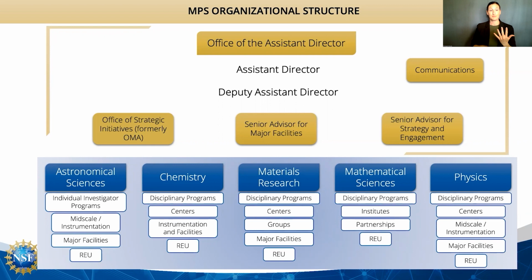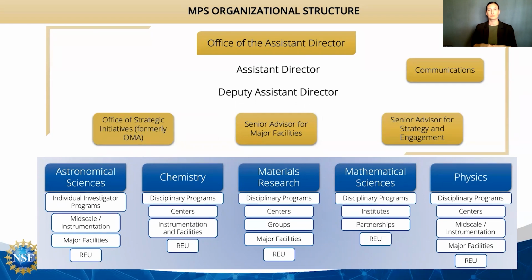They're astronomical sciences, chemistry, materials research, mathematical sciences, and physics. And then there are several assistant director level offices. The assistant director is in charge of the directorate, and the assistant director sits underneath the director of NSF.